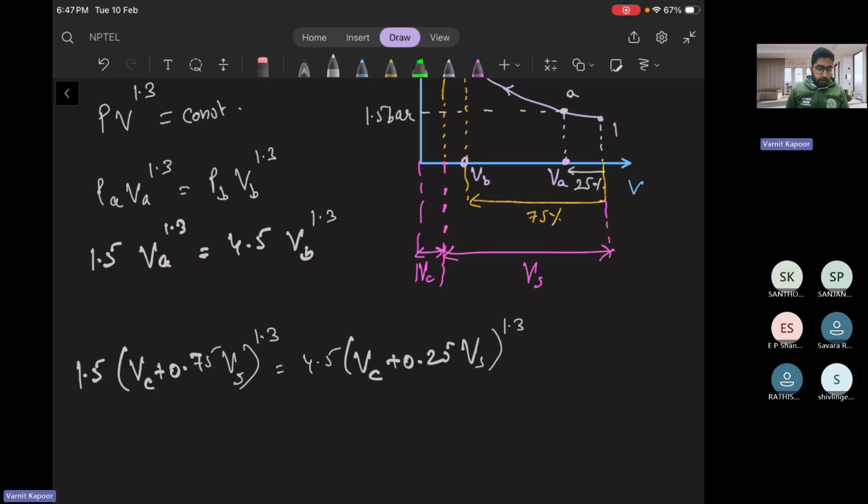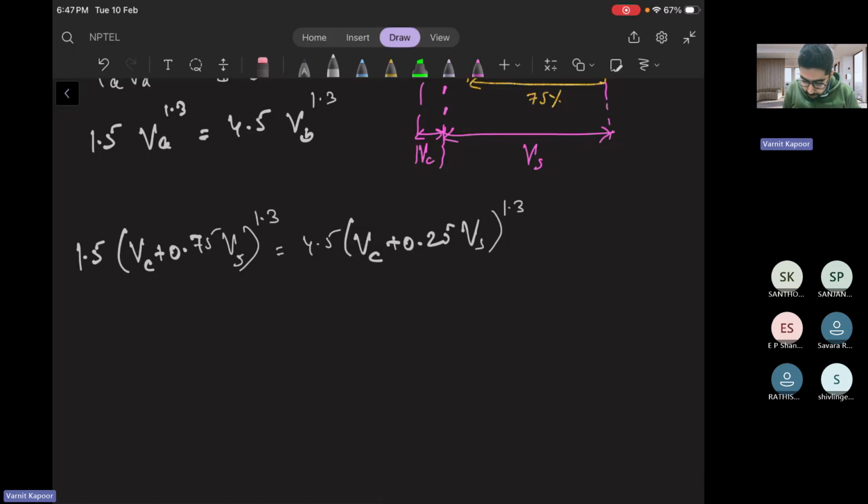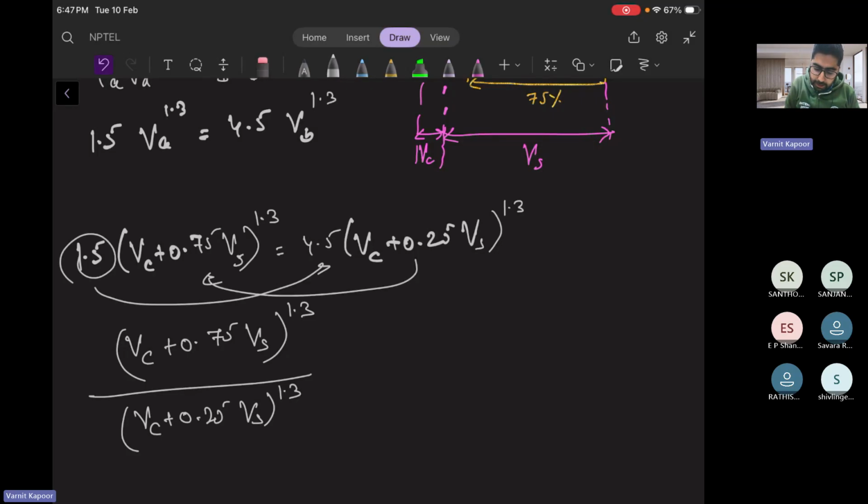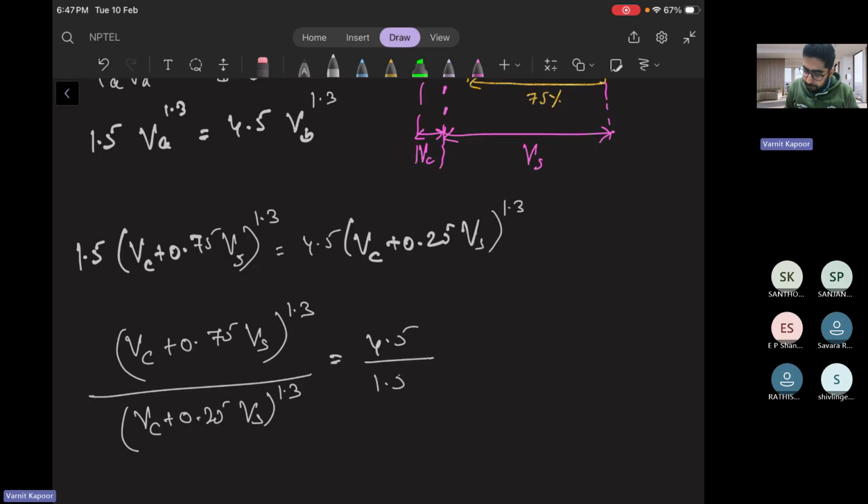Now let us divide the ratio. So we will have (Vc plus 0.75 times Vs) to the power of 1.3 over (Vc plus 0.25 Vs) to the power of 1.3. I have taken this on one side and the 1.5 to the right-hand side, so this is equal to 4.5 by 1.5.